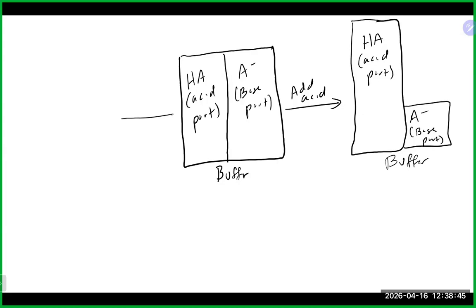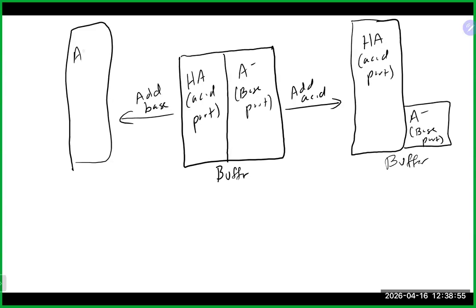And vice versa, if you added some more base to your buffer, it's going to react with the acid part, and we're going to make more of the base part of the buffer, and we're going to use up some of the acid part of the buffer.